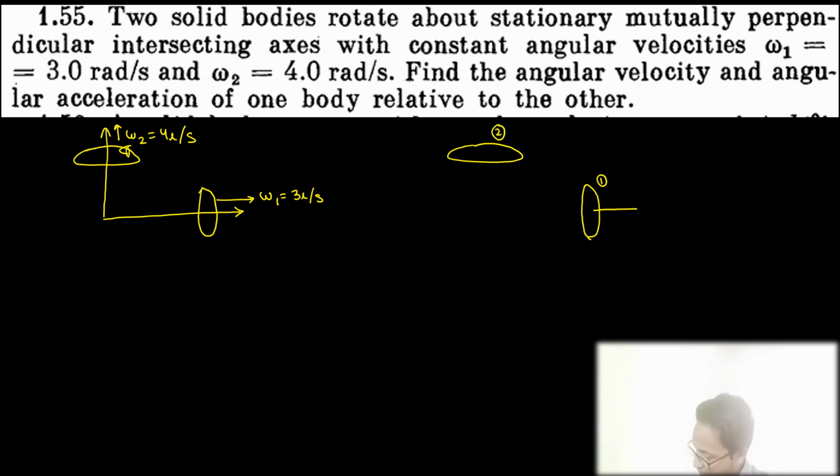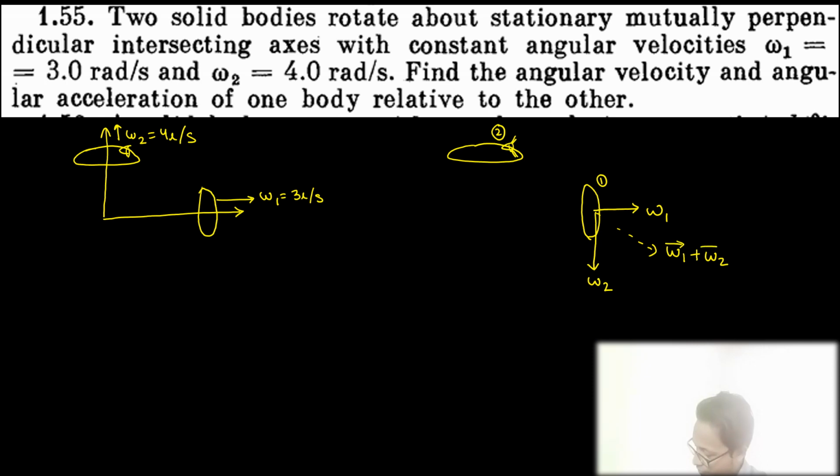Body 1 already has an angular velocity of omega 1 in this direction, and whenever we put our observer in any frame, we just take the velocity of the frame and apply it to all the bodies in the opposite direction. Here the velocity of the frame is in the upward direction, so I apply the velocity in the downward direction. The relative angular velocity would be in this direction, omega 1 plus omega 2.